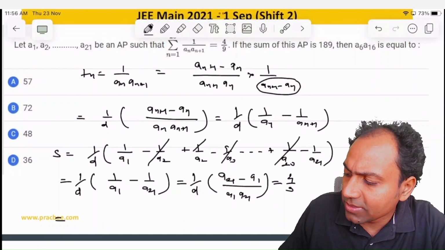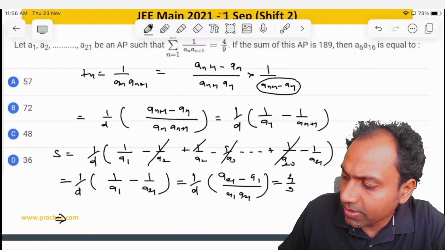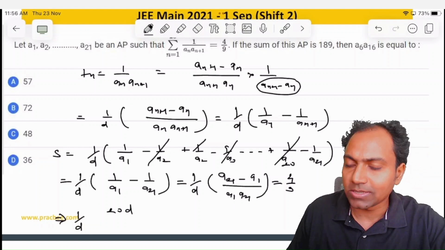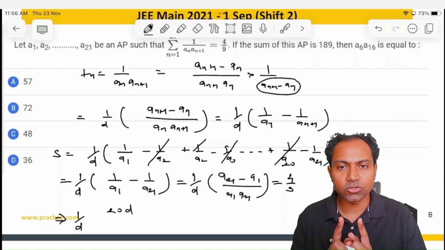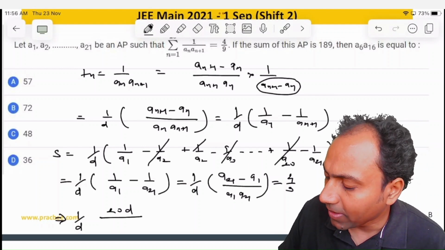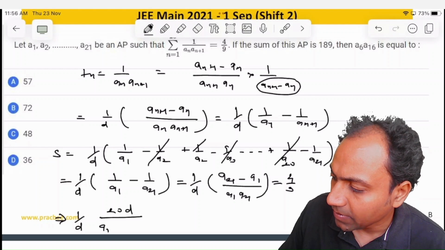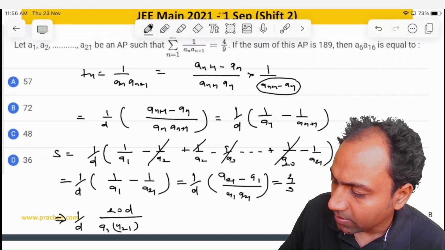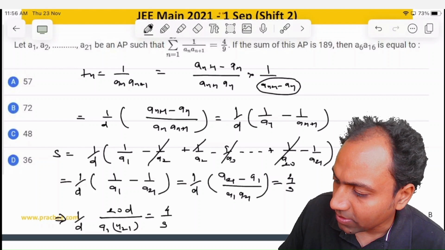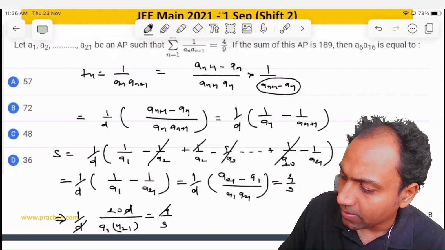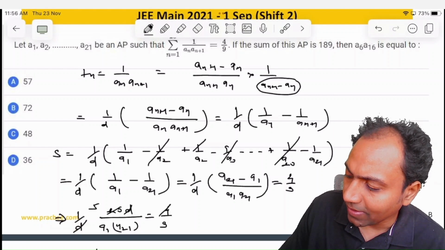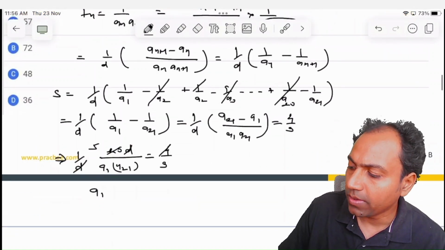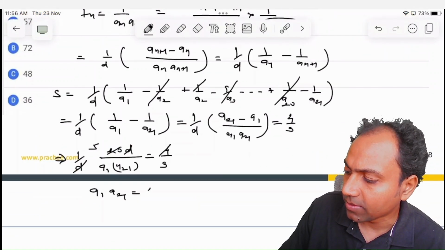We can observe that the numerator will be nothing but 20d, because a21 is a1 plus 20d, divided by a1 and a21. Now this is given as 4 by 9. So if I simplify, you get the value of a1 into a21 as nothing but 45.